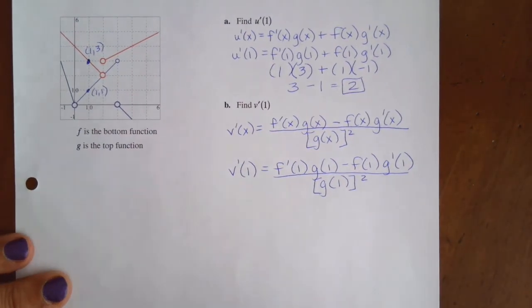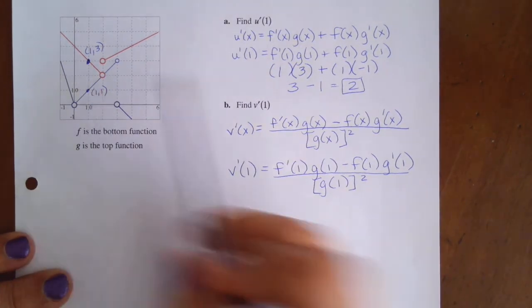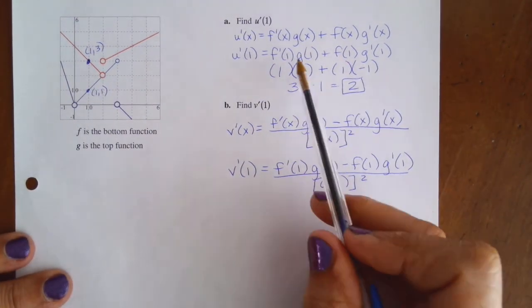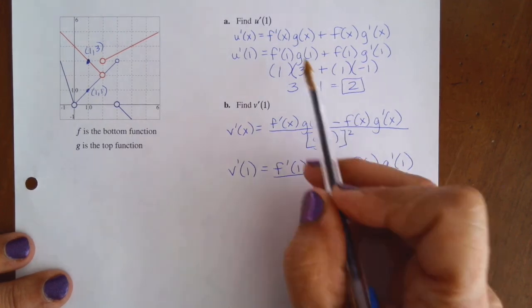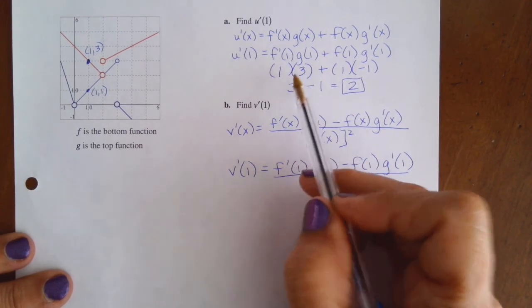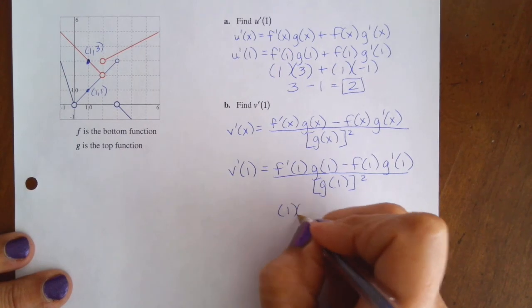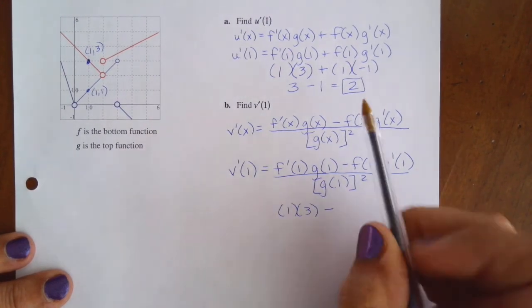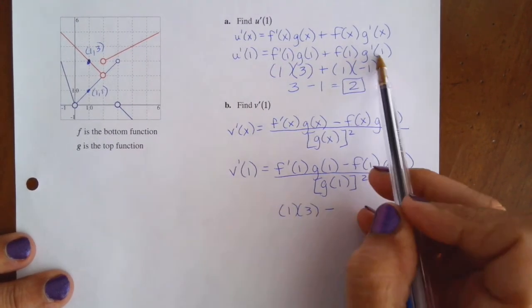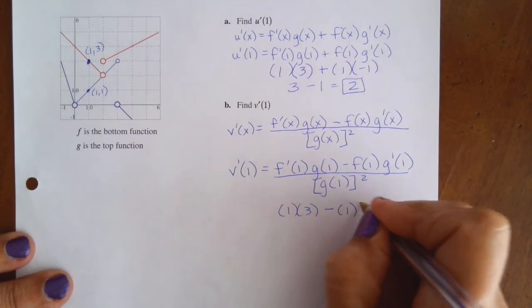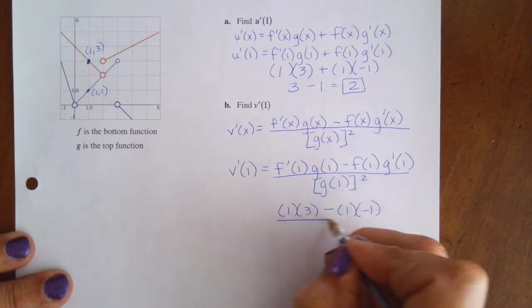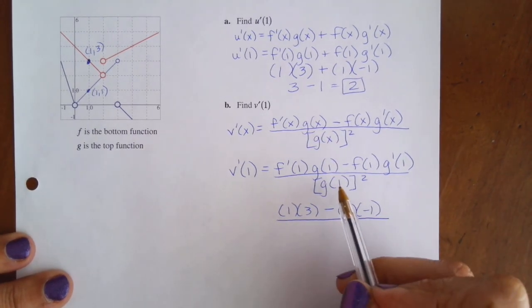Okay? So, you can go back over here and get your points again, but we have them right here, so just put them in the right place. So we've got f prime of 1 times g of 1, so that's 1 times 3 minus, and then f of 1 times g prime of 1, same numbers, 1 times negative 1. This time we're going to put it all over g of 1 squared.